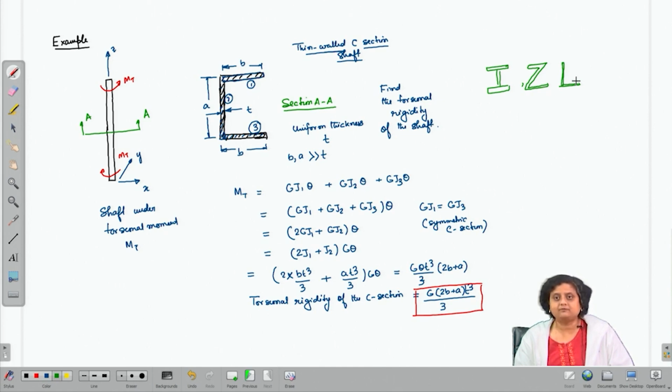If we have a shaft with any open thin wall cross section, we can very easily do its torsional analysis. So, we are going to next solve a similar problem, another example, to further clarify the concepts of finding the torsional characteristics of a thin wall cross section.